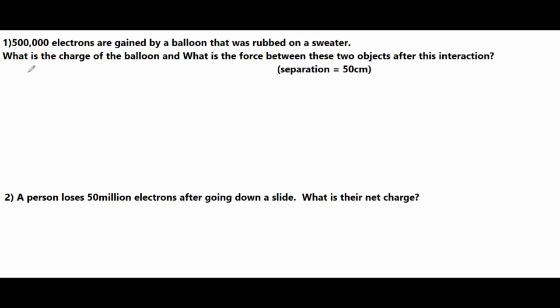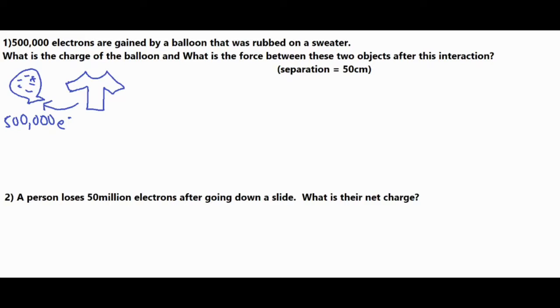Now, the first thing you do is go ahead and sketch out a little picture. So we have a balloon and we also have a sweater. The balloon being more of an insulating material, if you rub these two together, it will be the one that gains electrons, and in the end, it will have a surplus of 500,000 electrons.